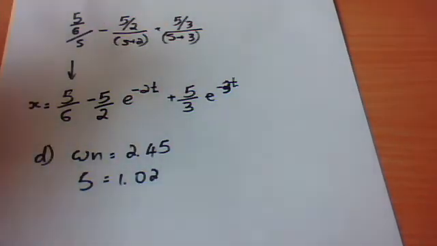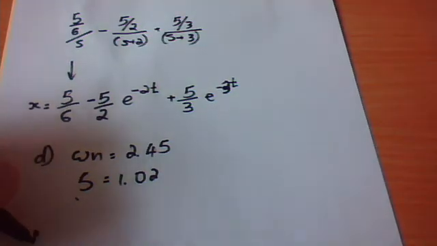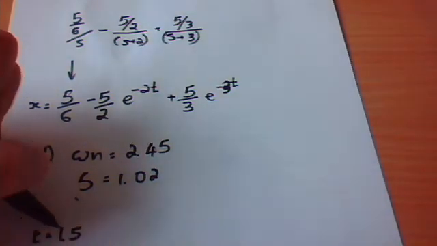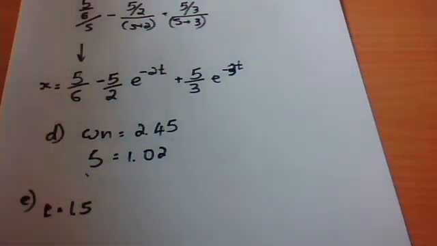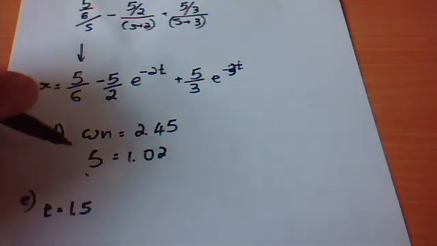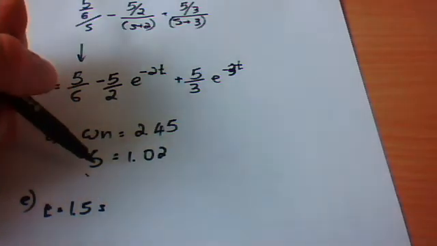Okay, now just going back to the final question, and this is part E, by the way, calculate the x position at t is equal to 1.5 seconds.